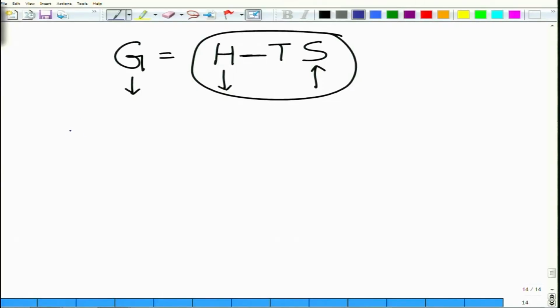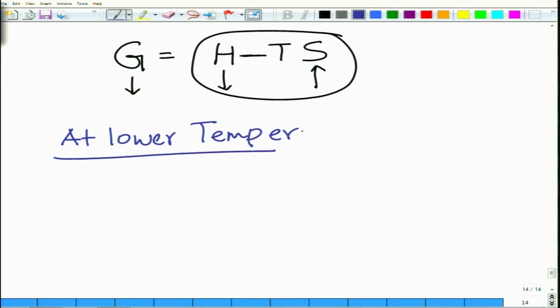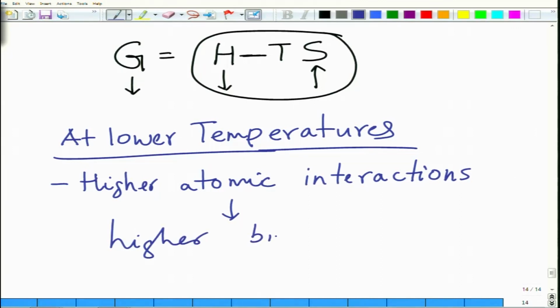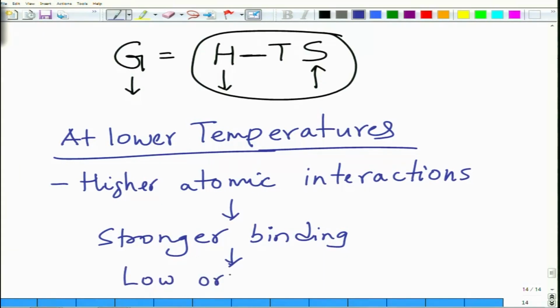So, generally, let us say at lower temperatures, basically at lower temperatures you have higher atomic interactions, okay, and higher atomic interactions will lead to higher, stronger binding, and this generally leads to lower or more negative internal energy.